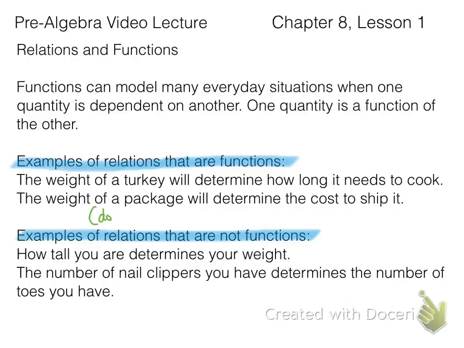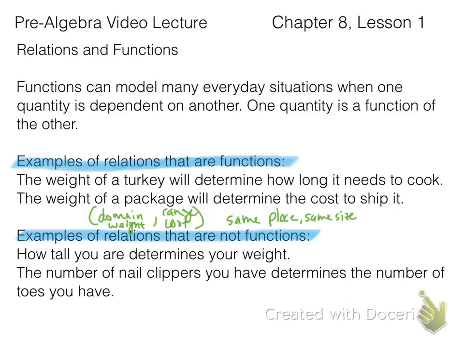So again, if the domain is the weight and the range is the cost, I'm not going to have 2 different costs for the same weighted package, as long as they're going to the same place and they're probably the same size. Same place, same size. Okay.